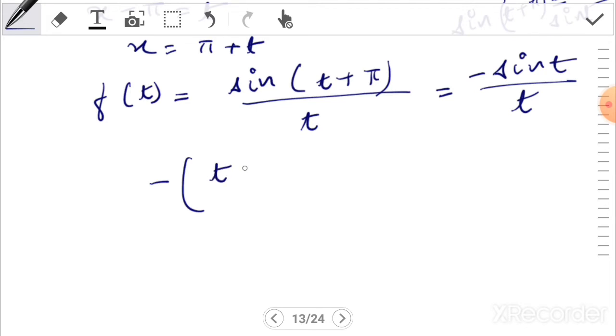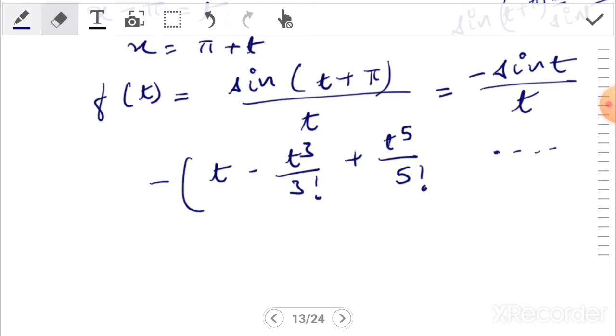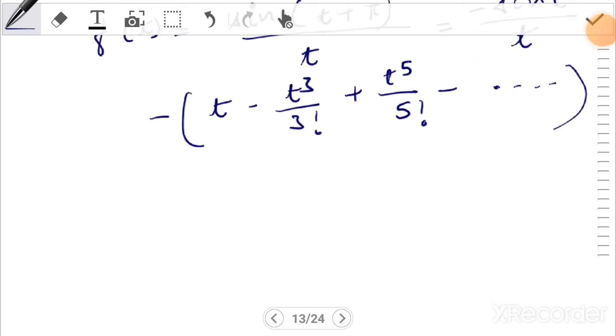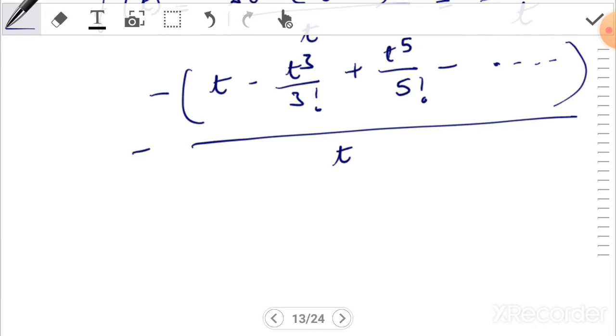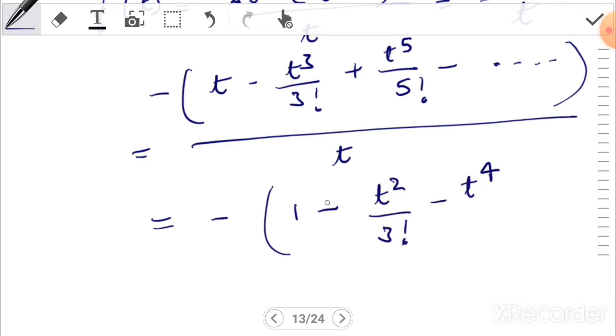So this is t minus t cube by 3 factorial plus t power 5 by 5 factorial and so on, minus, then t. Now this is minus 1 minus t square by 3 factorial minus t raised to the power 4 by 5 factorial and so on.